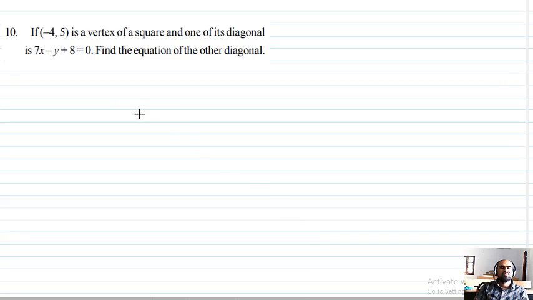Okay. Next problem. If minus 4 comma 5 is a vertex of a square and the equation of one of the diagonals is this, find the equation of the other diagonal. This is another interesting question. Students, listen. First of all, I want a rough sketch for this.